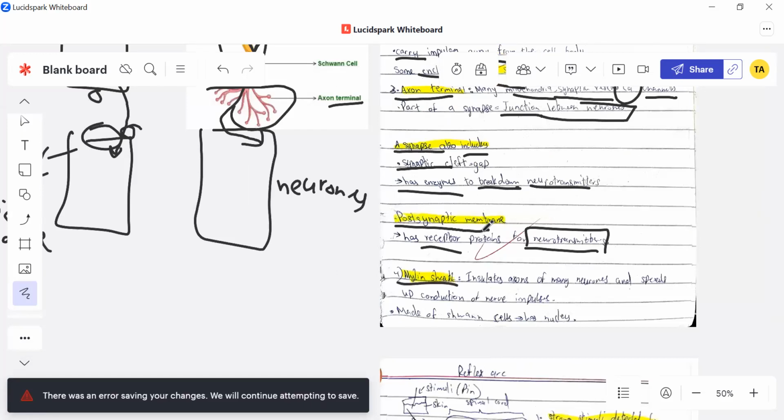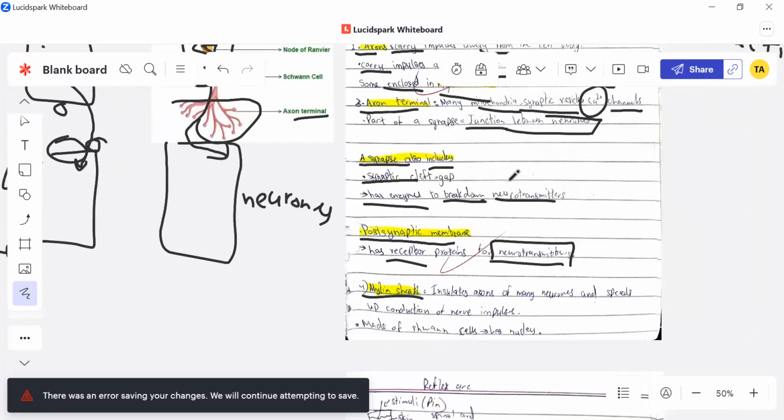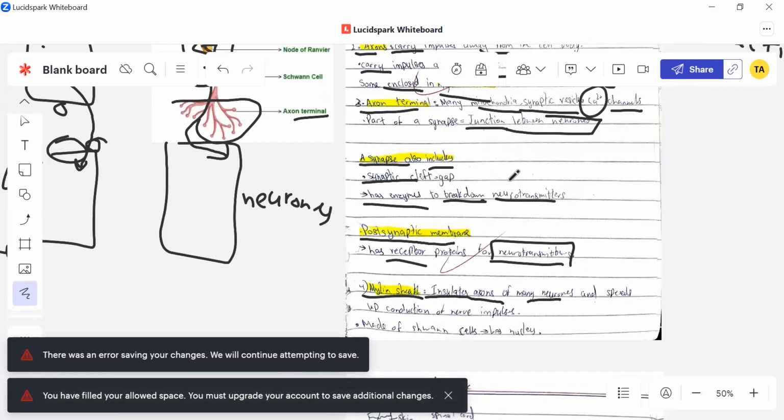And moving on with the neuron anatomy, the myelin sheath is this compound that covers the axon, and it insulates the axon of many neurons and speeds up the conduction of nerve impulses.